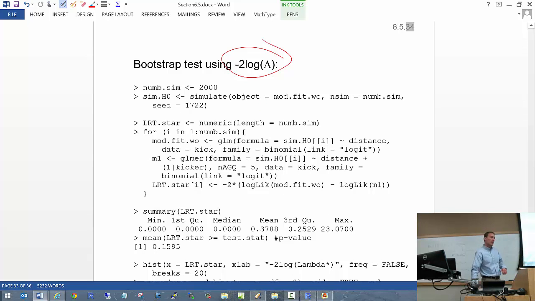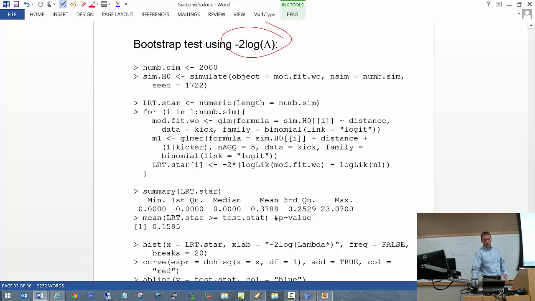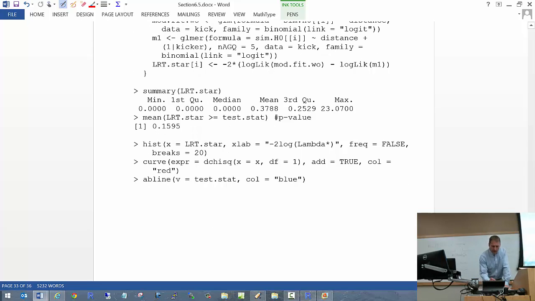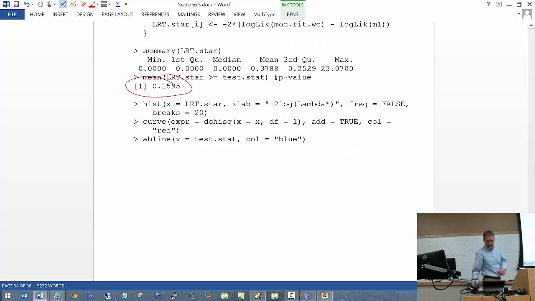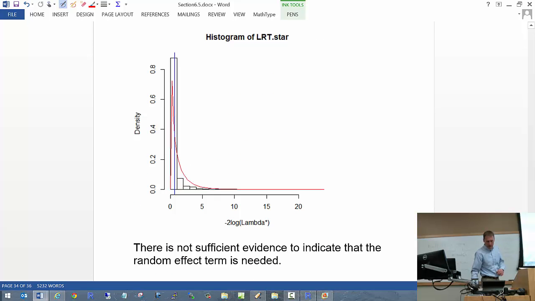The code you can see on your own. It's very similar to what we just got done doing. P-value about 0.16. Notice how that's close to what we had using that chi-square 1 like approximation. So that's interesting. Here is then a histogram of the -2 log lambda stars. The red line there is a chi-square 1 approximation. Notice chi-square 1 does not work well.